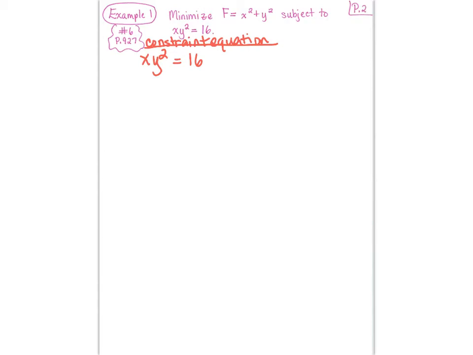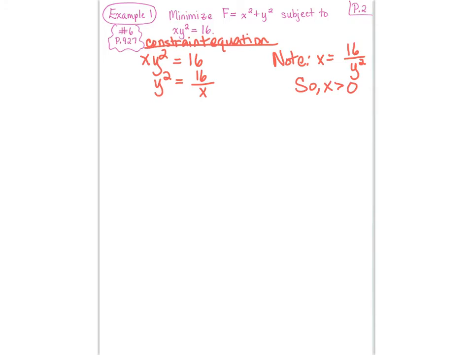That means y squared is equal to 16 over x. Note, you can also say x is equal to 16 over y squared if you chose to solve it for x. So that means x has to be greater than 0, right?